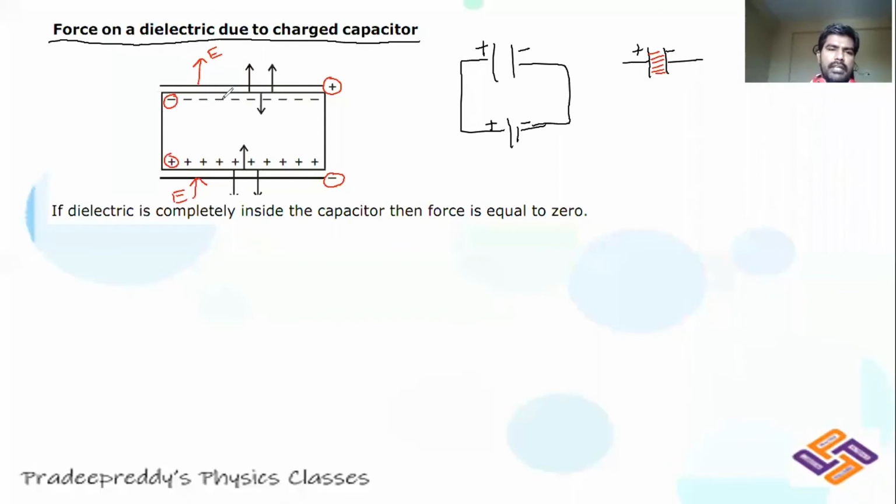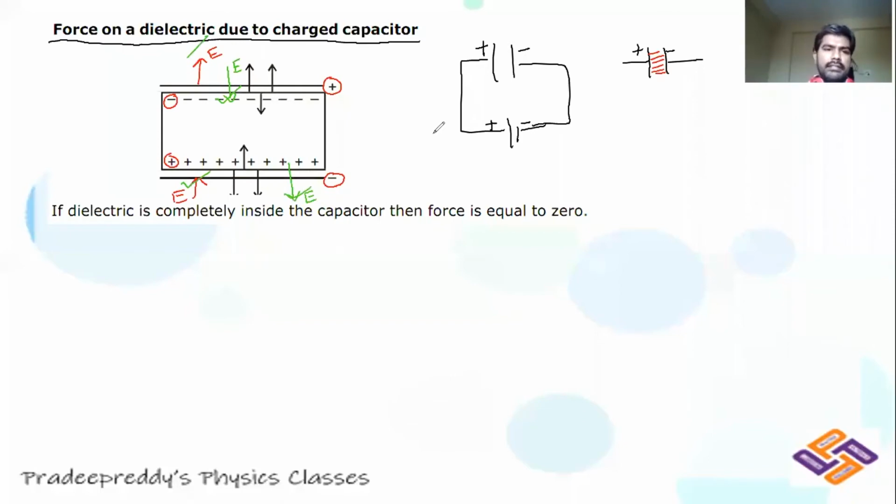It is negative charge, right? As it is negative charge, field will be in this direction, and as it is positive charge, field from this will be in this direction. So everywhere if you observe, field is outward as well as inward.